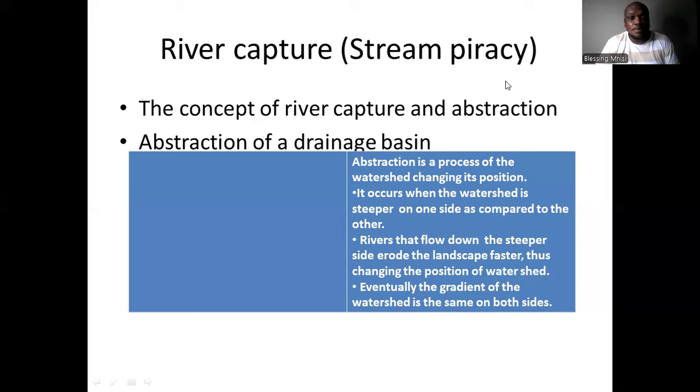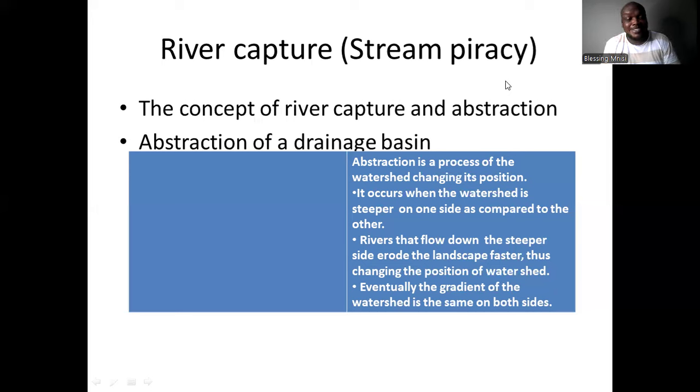Rivers that flow on the steeper side of the watershed erode the landscape faster, thus changing the position of the watershed. So you need to understand what causes the position of the watershed to change. It's because when a river flows on the steeper side of the watershed, that river will be able to erode faster, and when it erodes faster, it causes the change in the position of the watershed.